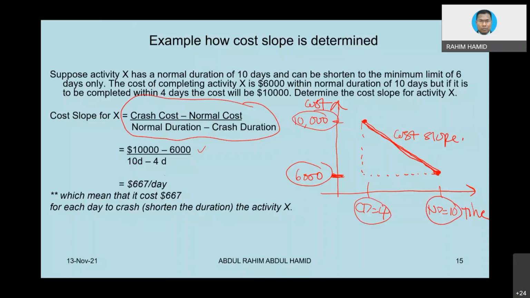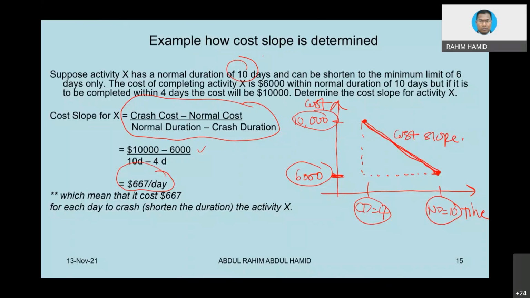You will get 667 per day. And remember, this project originally is supposed to be completed in 10 days, but you can crash until 4 days at the maximum.